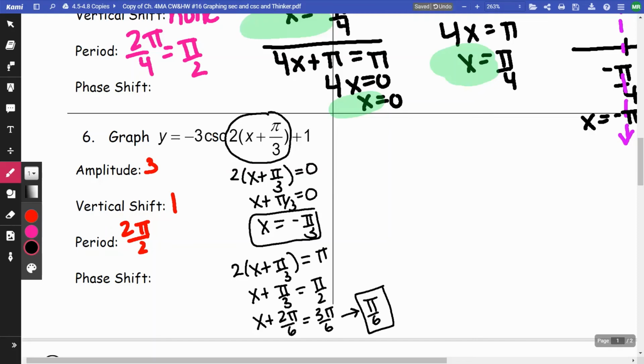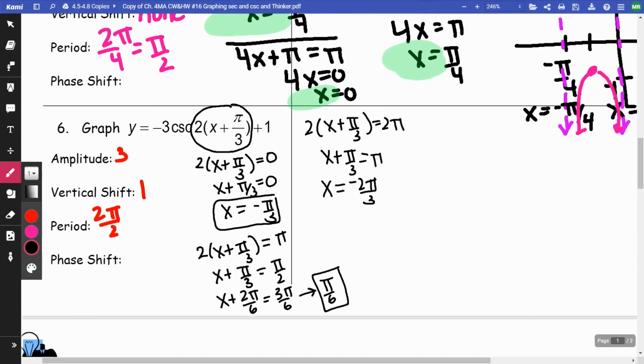And then if I take that and I set equal to 2 pi, I'm going to get x plus pi thirds is equal to pi. I am going to subtract pi thirds, so I'm going to end up with, from 3 pi thirds, a negative 2 pi thirds. Actually, a positive 2 pi thirds.